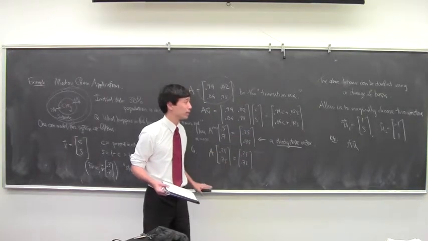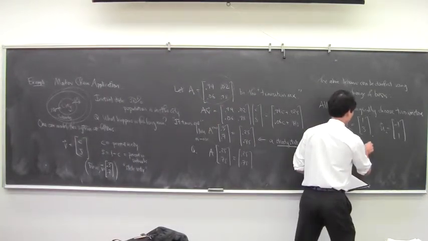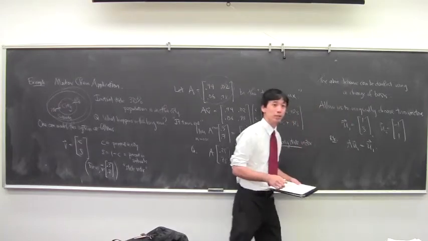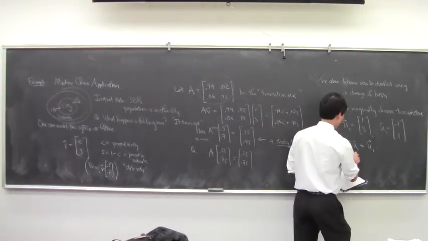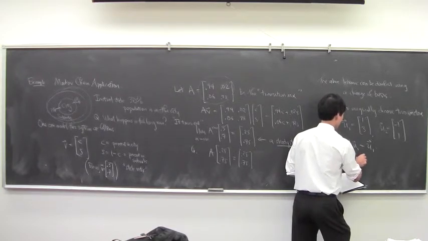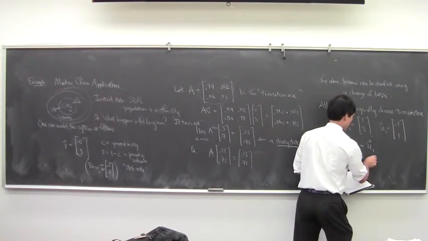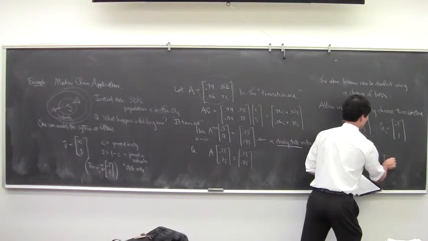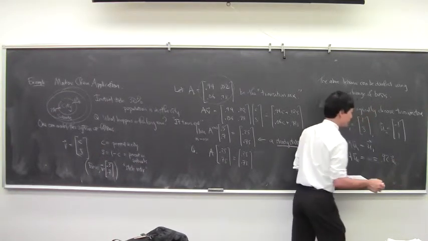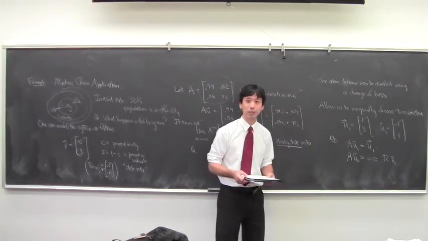It's not going to be affected. So u1 doesn't get changed. U2, if you calculate it, turns out to be u2 itself, again, but multiplied by some constant, 0.92.